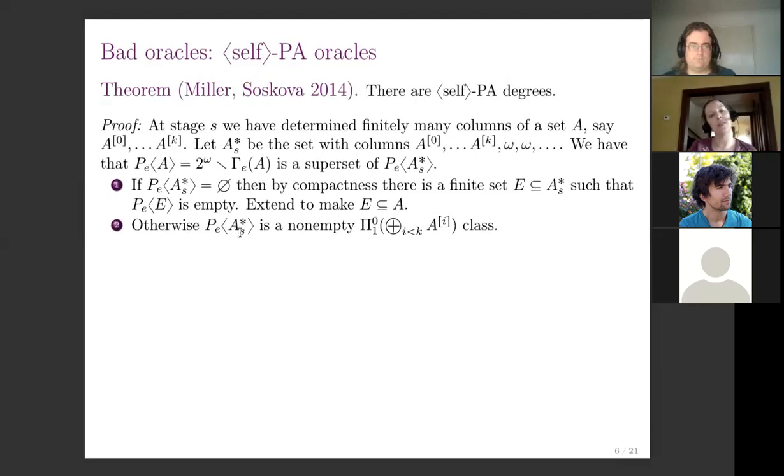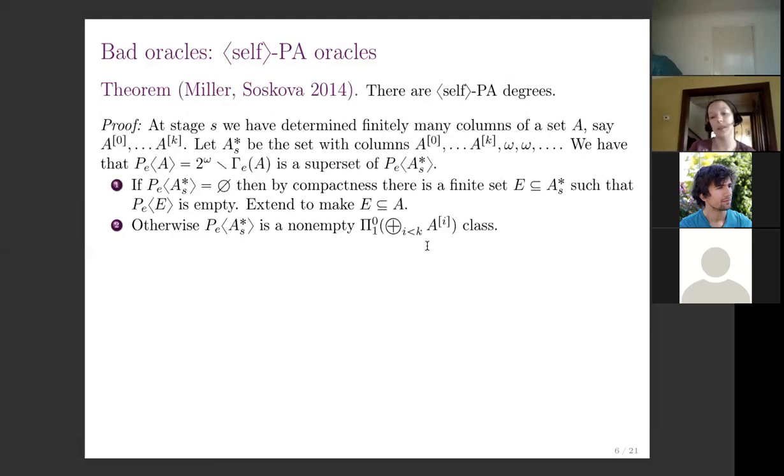Otherwise, if it's non-empty, then it is going to be a subclass of our class. So enumerating a member of this subclass is enough. And this set P_e relative to A star, it's just a non-empty Pi-0-1 class in the Turing sense relative to the first k+1 many columns.